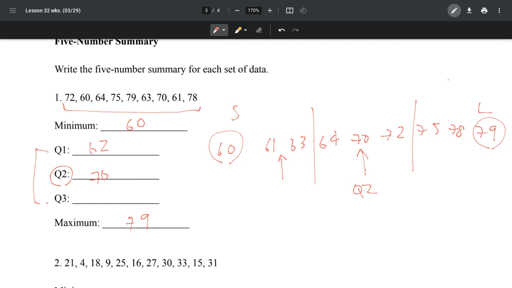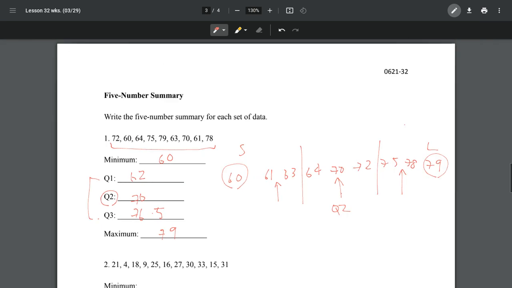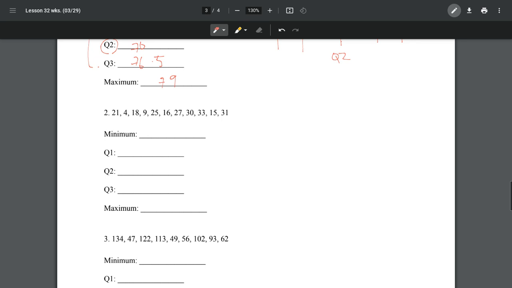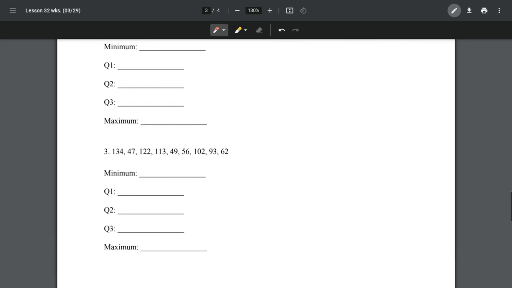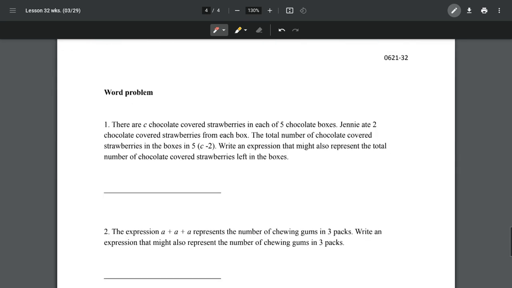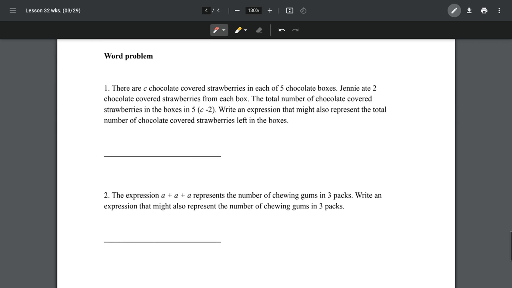And then for the third quartile, that's going to be a number between 75 and 78, the median of the upper part, and so that is going to be 76.5. Okay, so that's it. Try number 2 and 3. And let's move on to our last page.